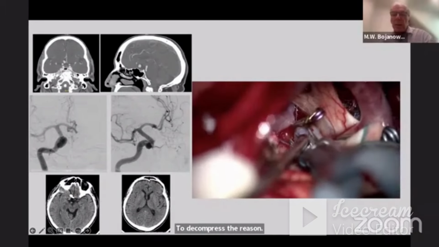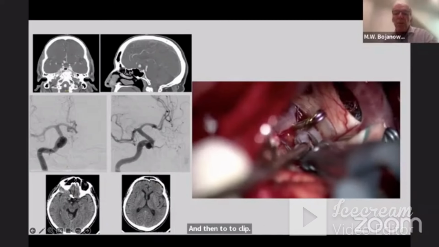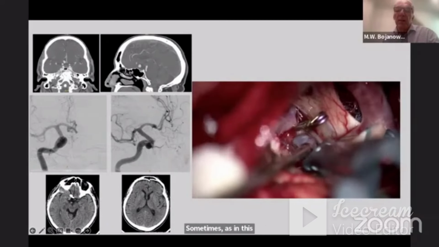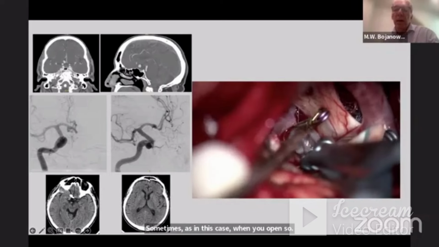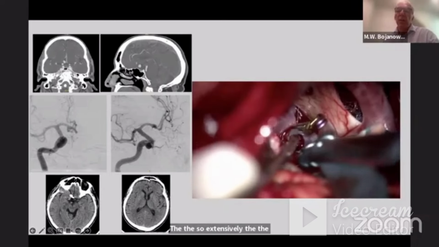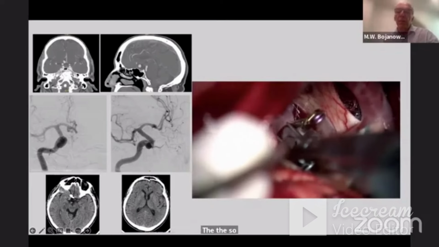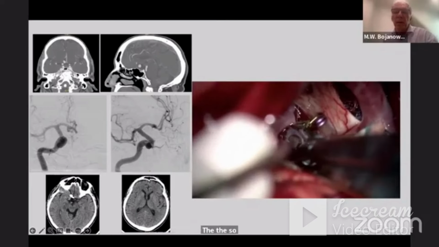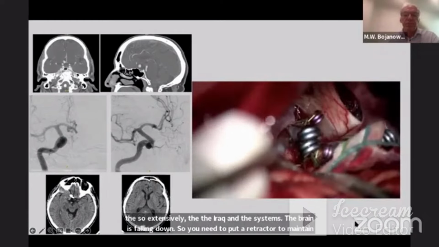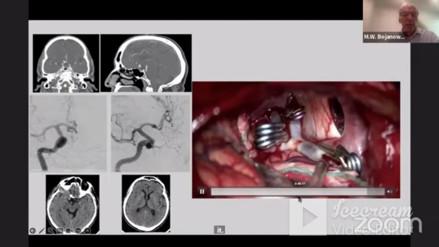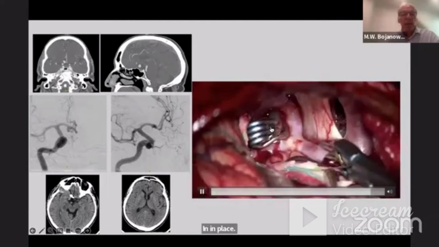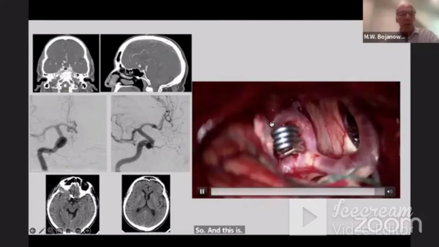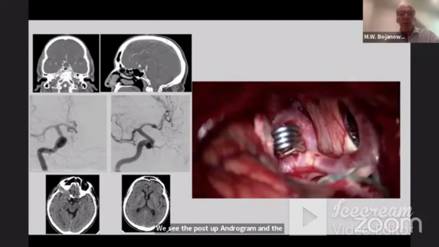Sometimes, as in this case, when you open the arachnoid and the cisterns so extensively, the brain is falling down, so you need to put a retractor to maintain it in place. And you see the post-op angiogram and the CT scan after the surgery.